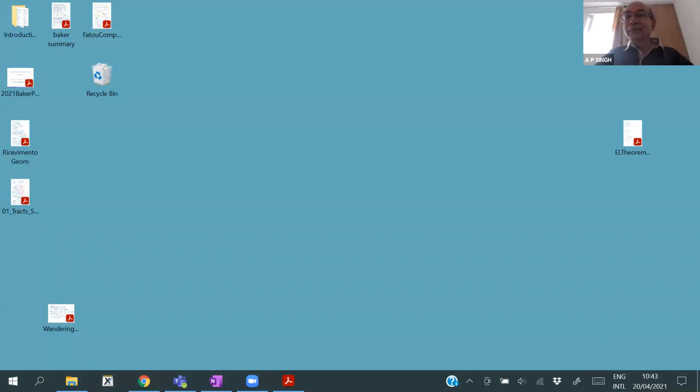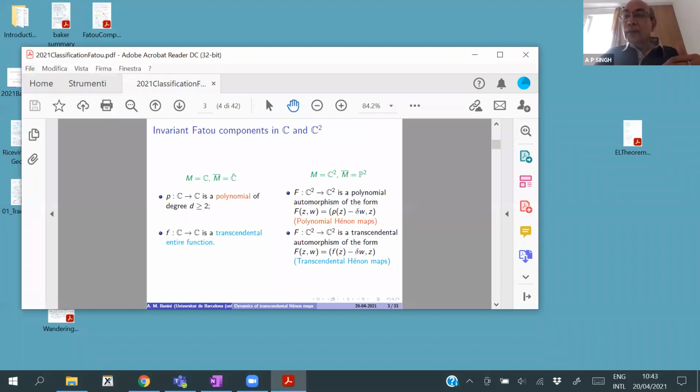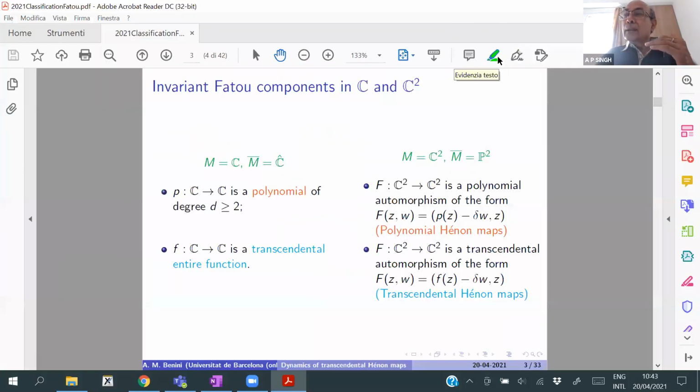I have one question. Yes. Hi. Hello. It's regarding the beginning. You mentioned that composition of transcendental Henon maps is not a Henon map. Yes. My question is, is it always true, or only under certain conditions? And if under certain conditions, has any work been done in this direction?